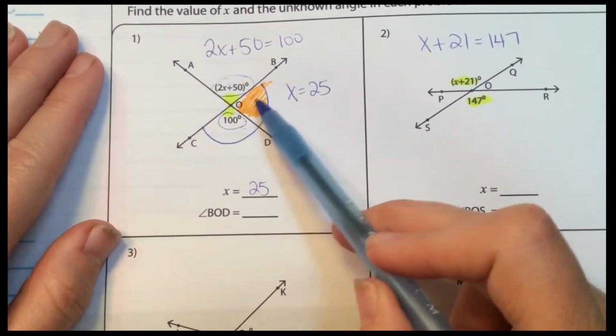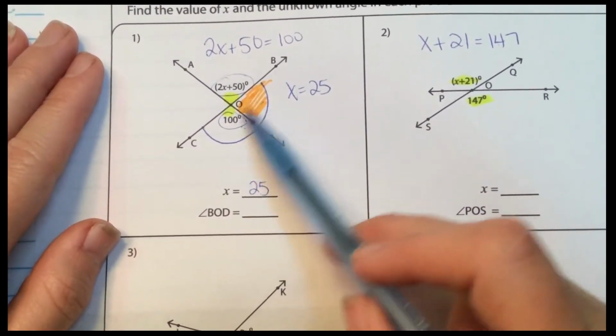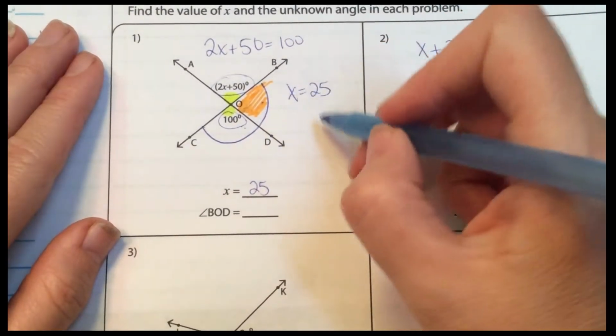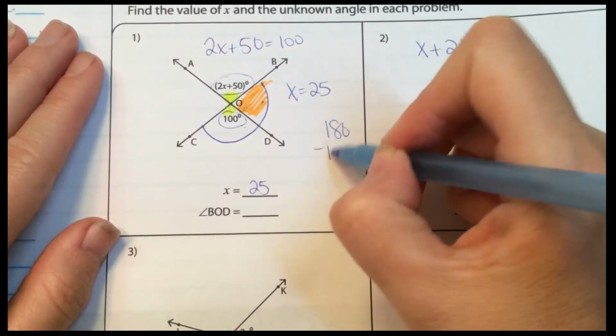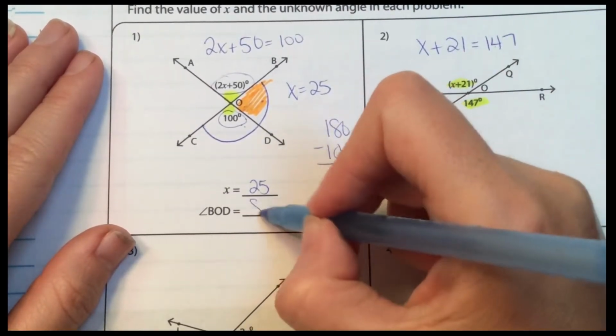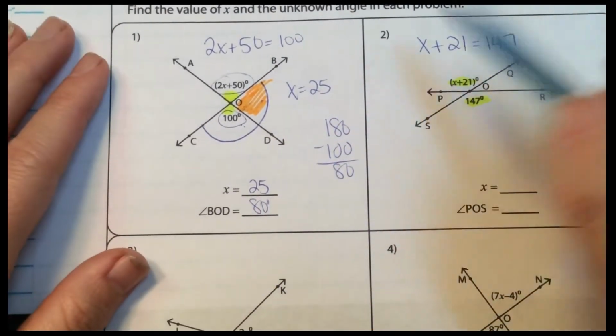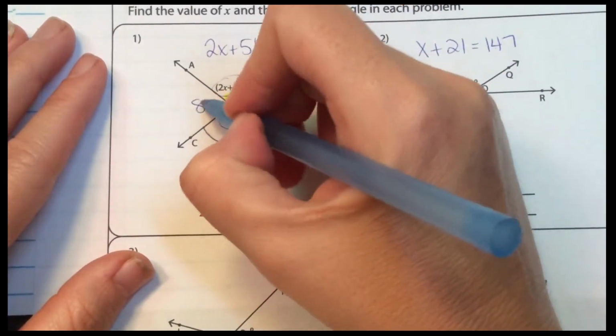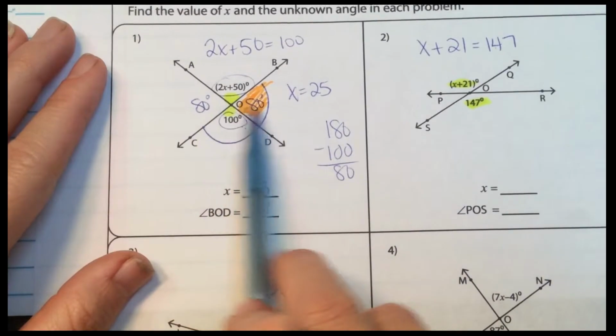Together, these two angles add up to 180 degrees. So 100 plus what would get me 180? So 180 minus 100 is 80 degrees. So angle BOD is 80. And this side over here is also 80.